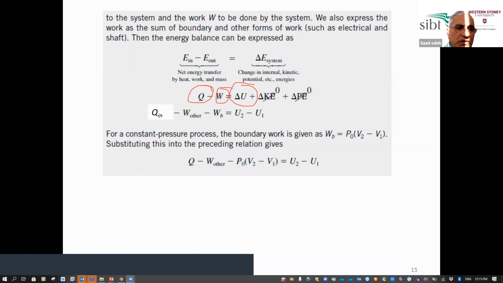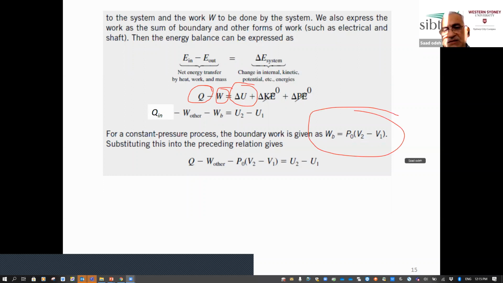So we end up with this equation. And for a constant pressure process, we know how to find the boundary work by applying this equation.